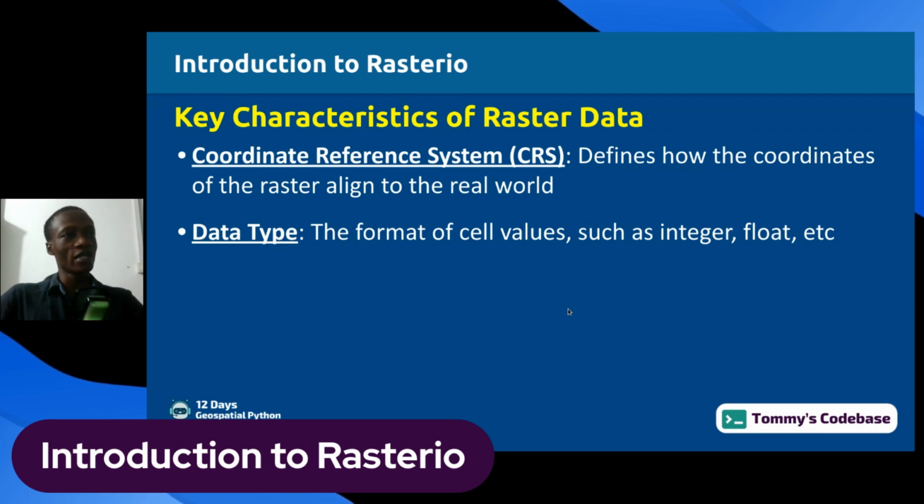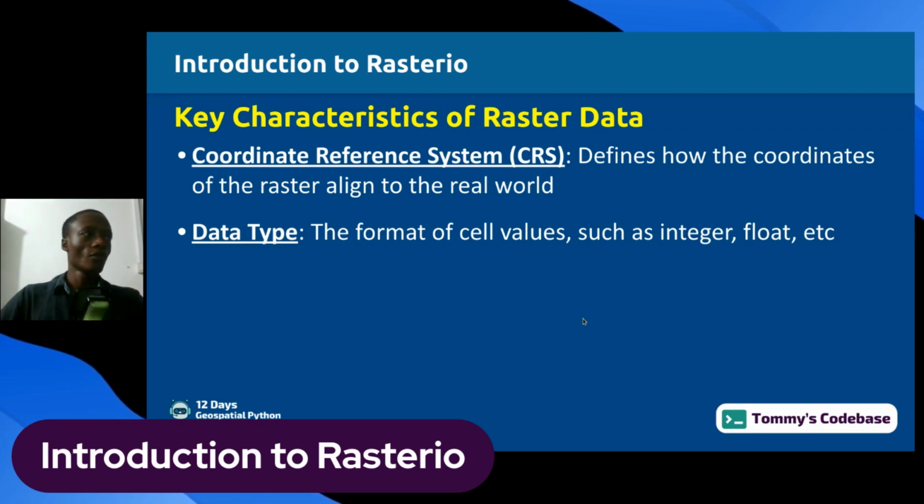If it is an integer raster, it means that the values of the pixels are integers, whole numbers. And if it's a float raster, it means that the values of the pixels are floats, numbers with decimal places, so you usually see a number, then a decimal point and some numbers after the decimal point. Okay.